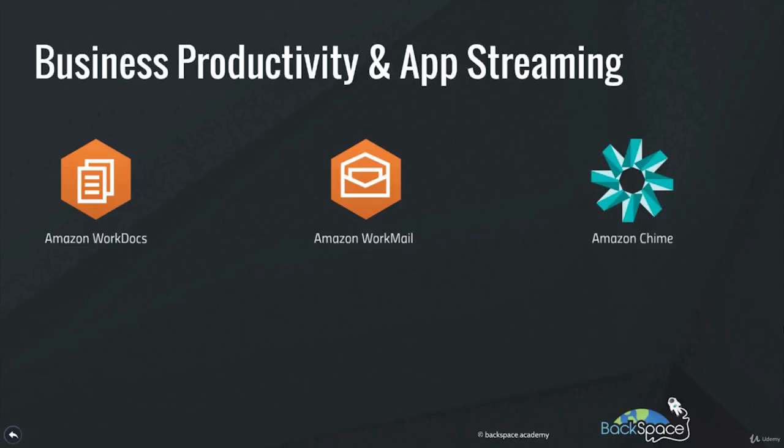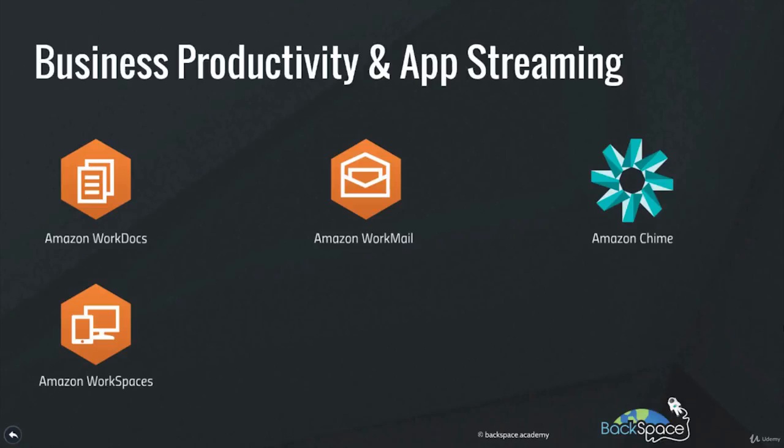Amazon Chime is an online meeting service in the AWS cloud. It is great for businesses for online meetings, video conferencing, calls, chat, and to share content both inside and outside of your organization. Amazon WorkSpaces is a fully managed, secure desktop as a service.